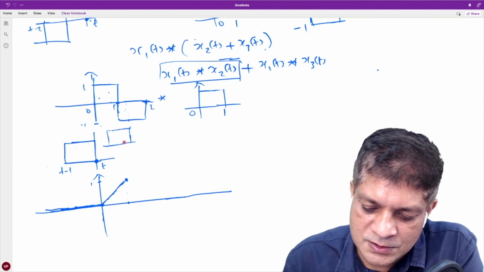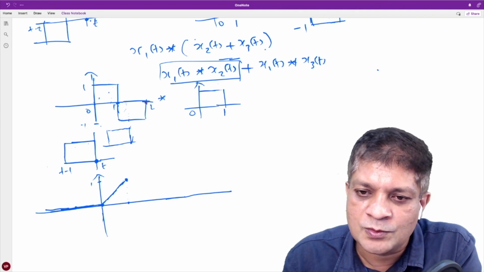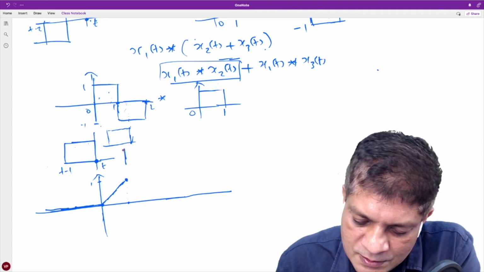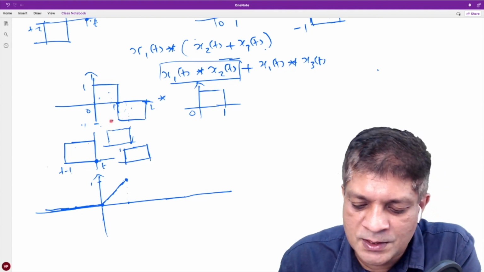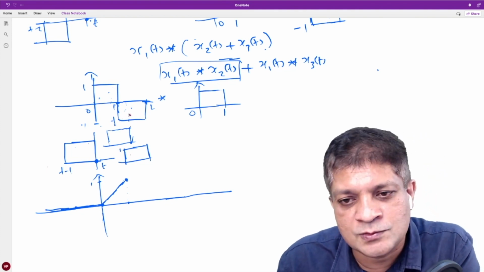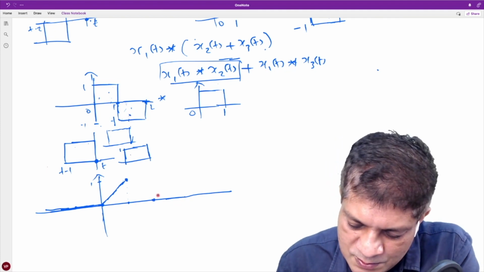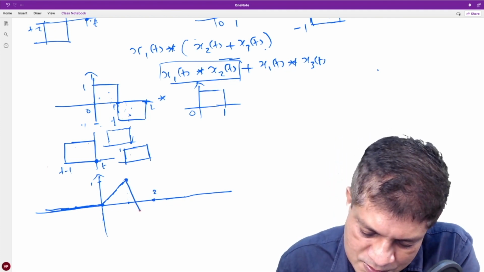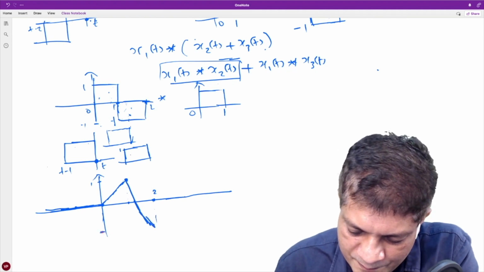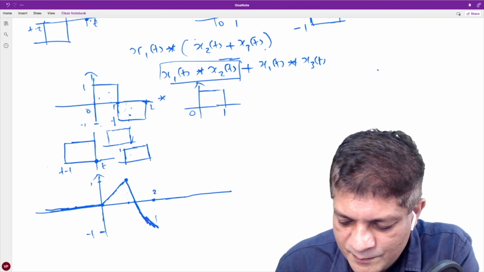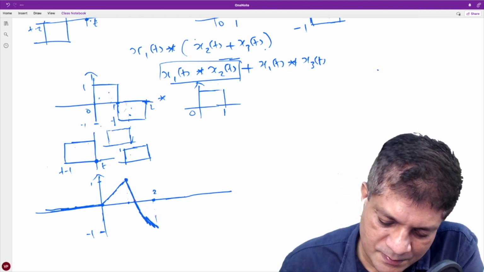And if we keep on moving towards the right, where will it have its minimum value? When this point reaches 2, what is that? This is 1 and this is -1. Multiply these two, -1. So can we say that at 2, this is -1? Yes, it is linear.